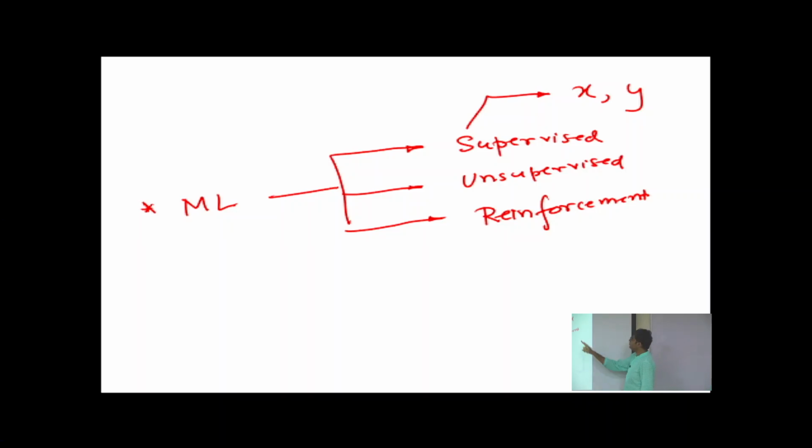So height and weight will go into my x, and corresponding to height and weight I also have a y, which is whether the student is a male or a female. So then y becomes my label. So x is height and weight of the students, y is whether the student is a male or a female, okay? So that is label data.